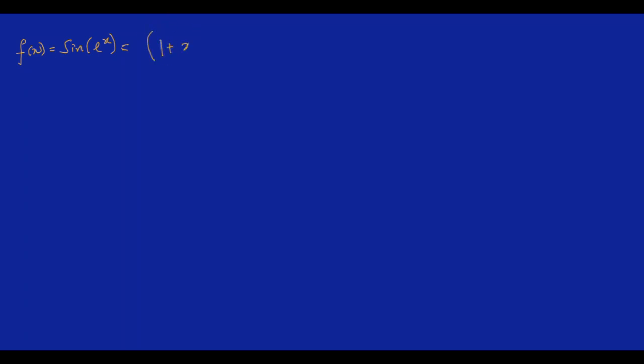1 plus x plus x squared divided by 2 factorial plus x raised to the power of 3 divided by 3 factorial plus the rest of the terms till infinity.